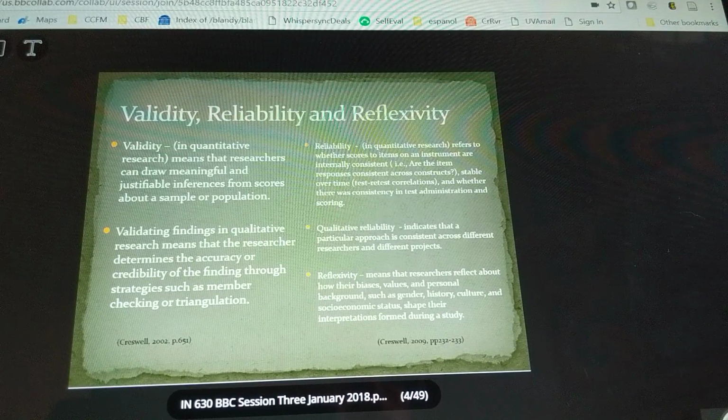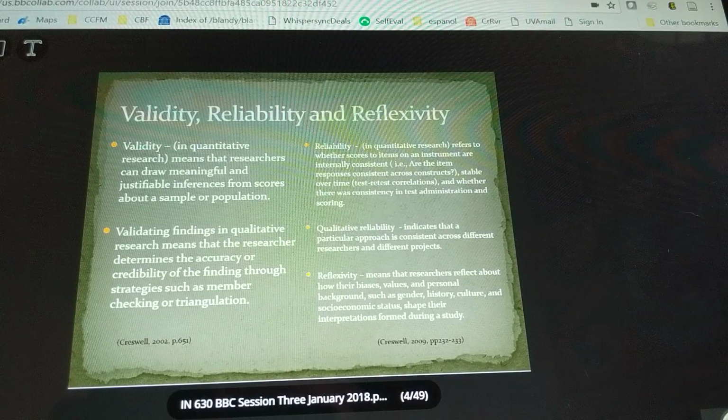Okay, so having consistency across the way in which the approach of your design is occurring is what would be considered qualitative reliability. Some qualitative researchers have a lifetime of work through several approaches such as grounded theory. And so over many years, they have to make sure they're consistent in the way in which they approach the data collection process.